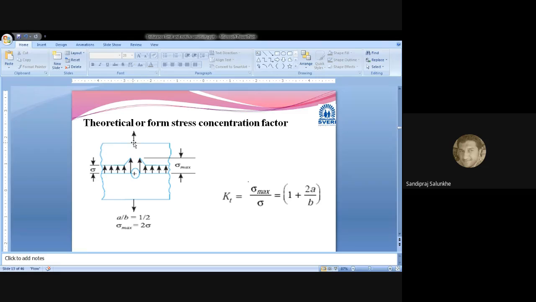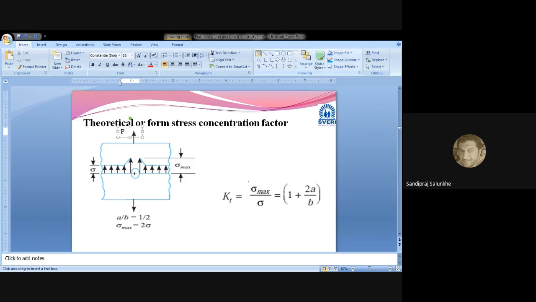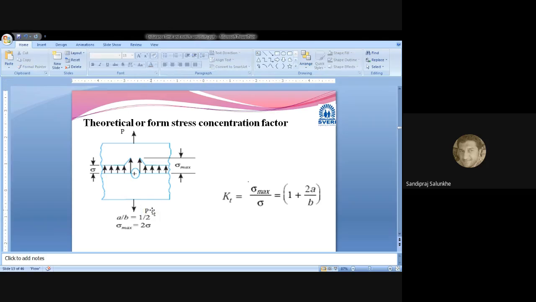Here, this plate is considered under the application of stress, where we are going to apply the load P in the lateral direction. If suppose this P is applied here as a tensile load, definitely the P will be on the opposite side too. So this P load is applied on this plate where we have created one hole.